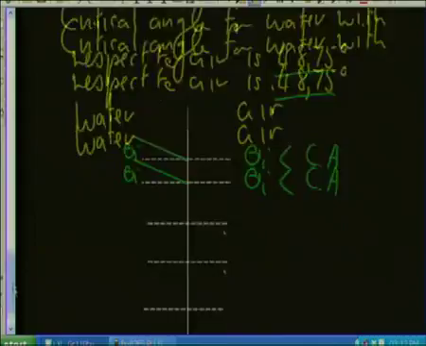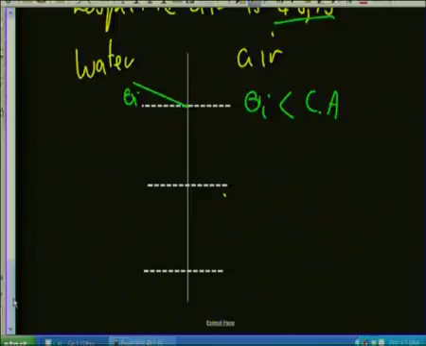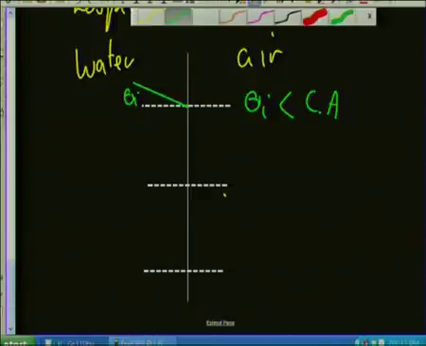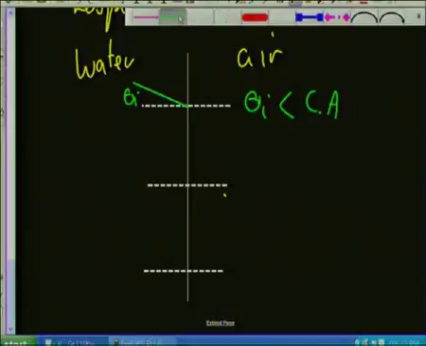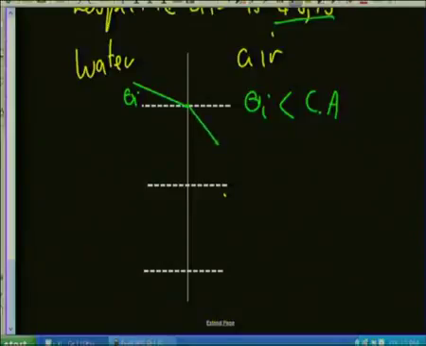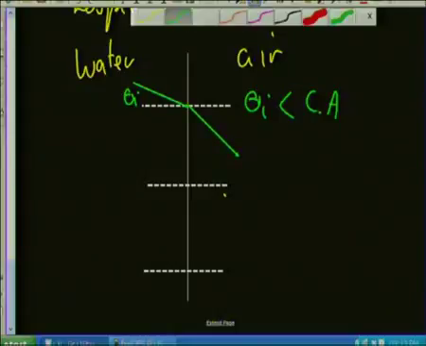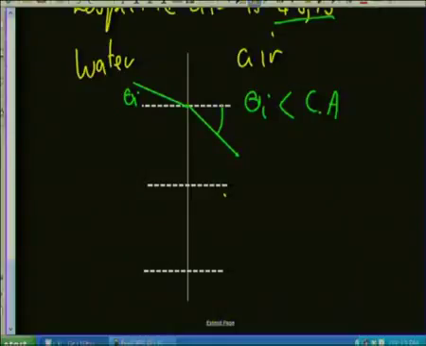It's a small one. What are we going to get? We're going to get refraction. It's moving from water into air. That means it's going to speed up when it leaves the water, and it's going to bend away from the normal, something like that. The angle of refraction on this side is going to be bigger than the angle of incidence. That's going to be the angle of refraction when we're moving from water to air.